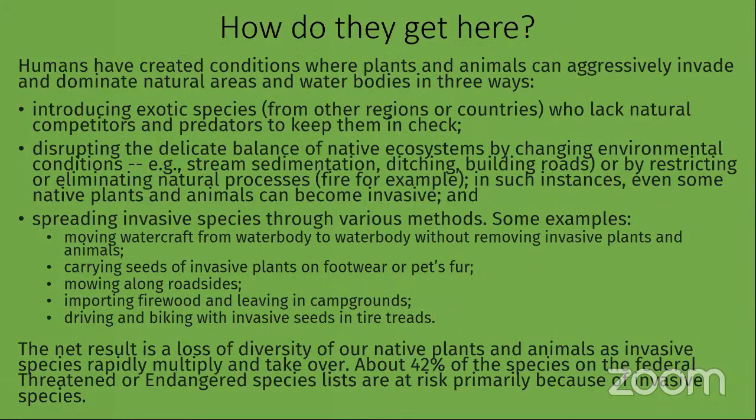How do they get here? Humans have created conditions where plants and animals can aggressively invade and dominate natural areas and water bodies in three ways. We have introduced a lot of these species on purpose from other regions or other countries, and they come here and no longer have competitors or predators.